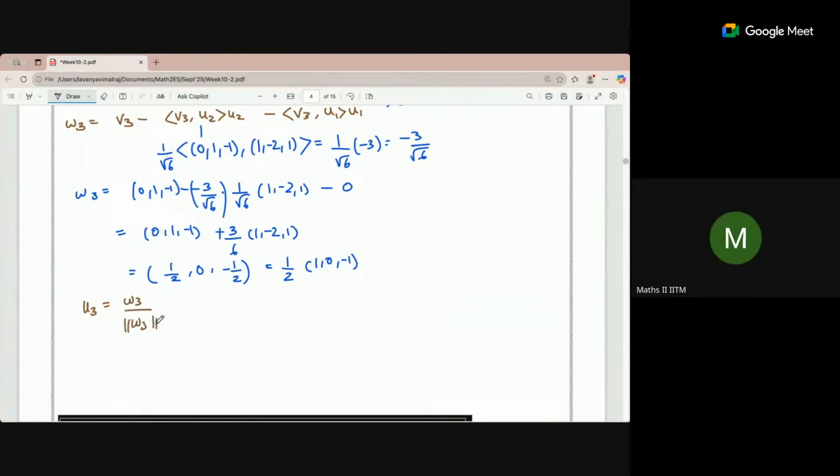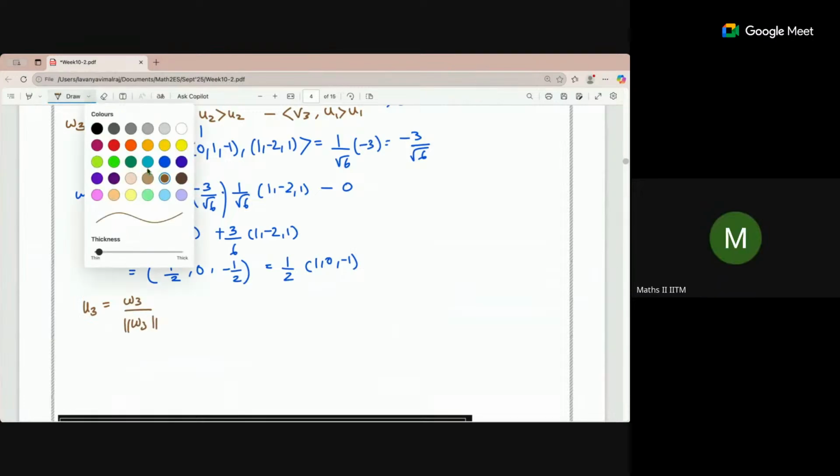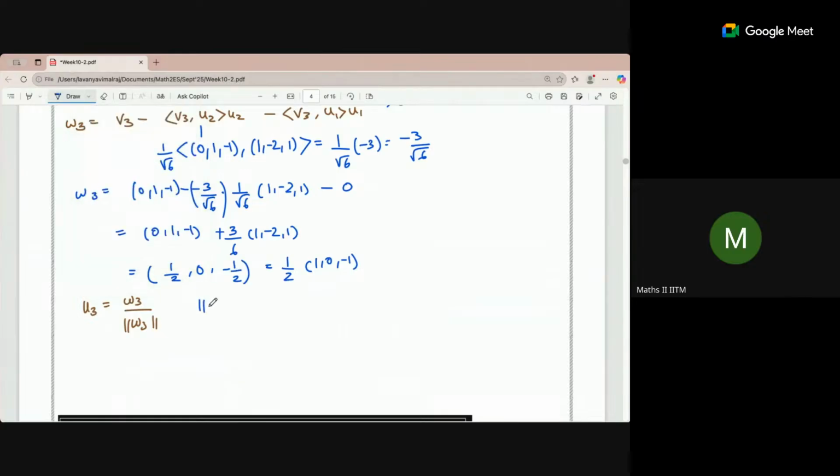Yeah, so what is norm W3? 1 by 4 plus 1 by 4, square root of that, 1 by root 2. So what should be your U3? This is your W3 and this is your norm W3.